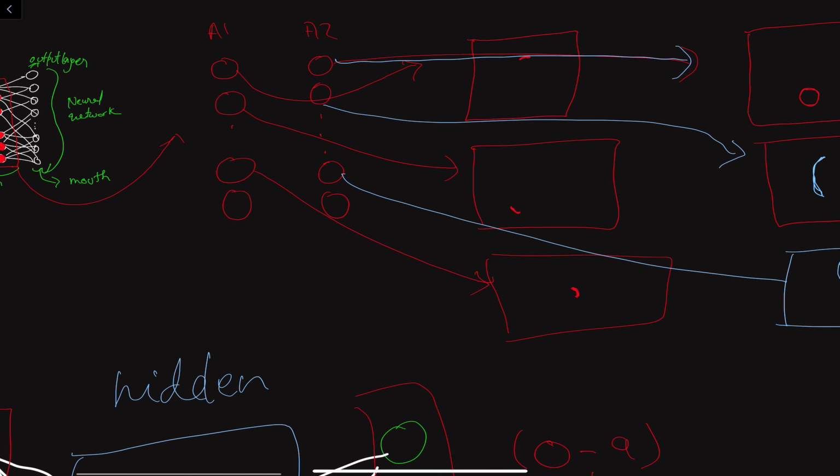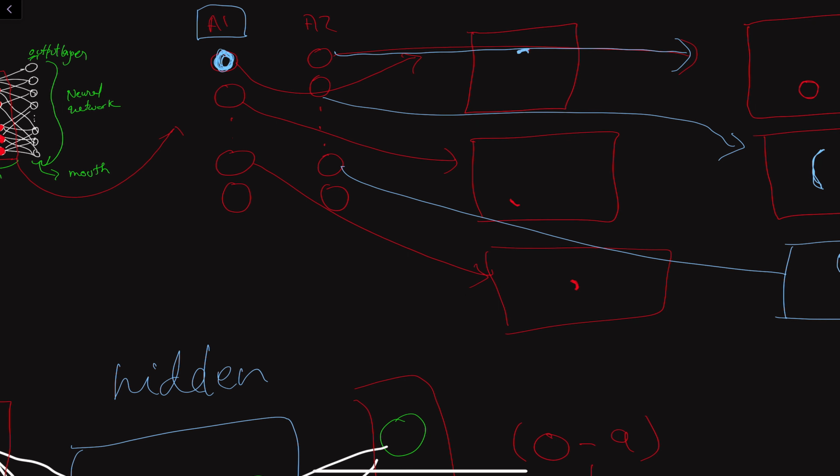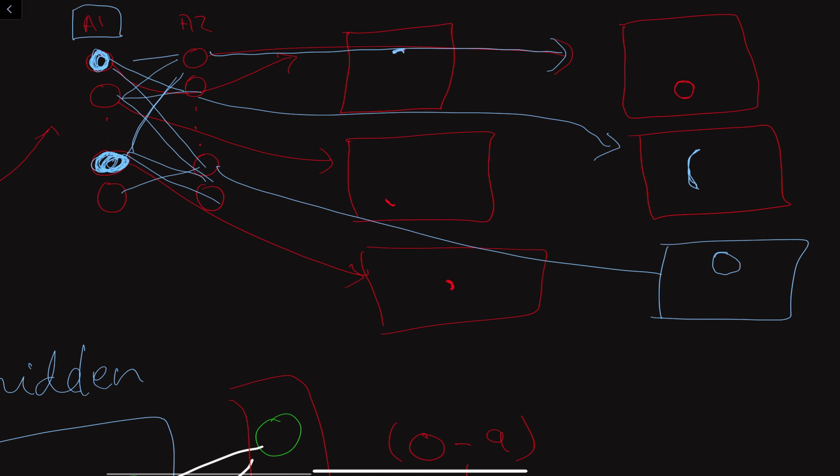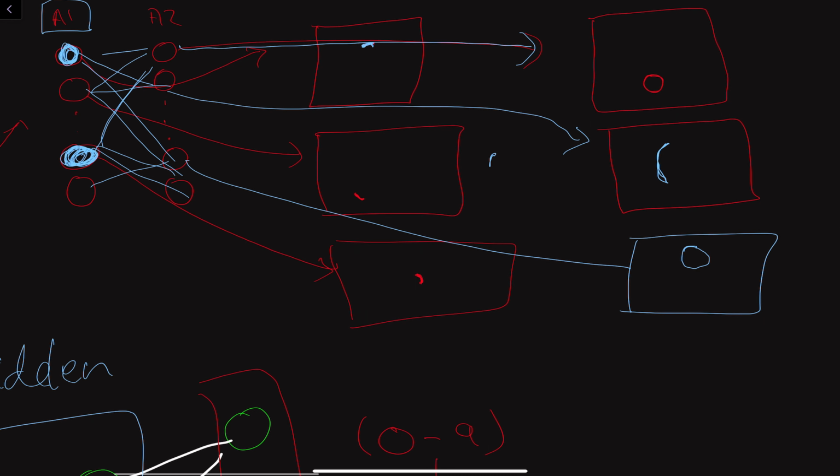And in the first layer, in A1, maybe this lights up, okay? That means this node lights up. And this one doesn't. And maybe this one lights up, okay? And since these nodes are connected with every other node in the next layer as well, this is going to communicate to the next layer. Maybe there was a node which got this piece and another node which had this piece and another node.